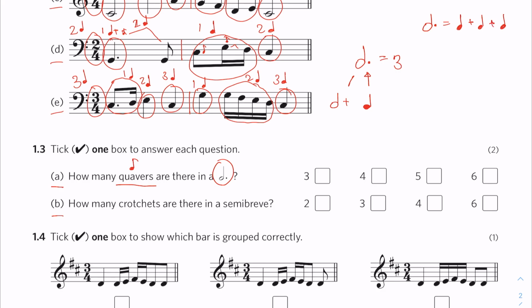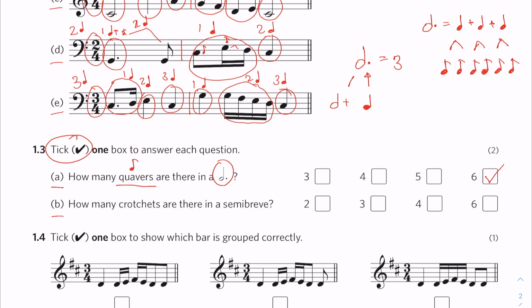And each crotchet can be split into 2 quavers. So how many quavers do we have here? 3 times 2 equals 6. So that's your answer. You have 6 quavers here. It said put a tick here, so I'm going to tick the box with a 6.